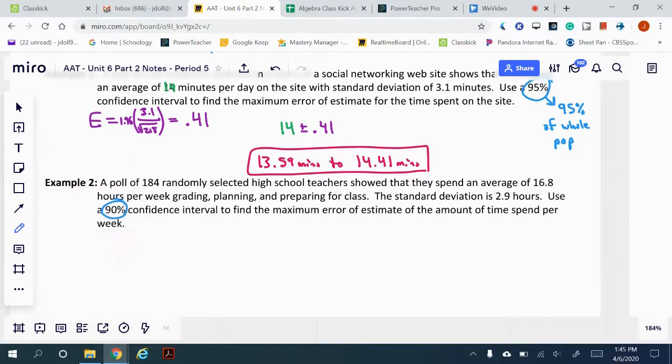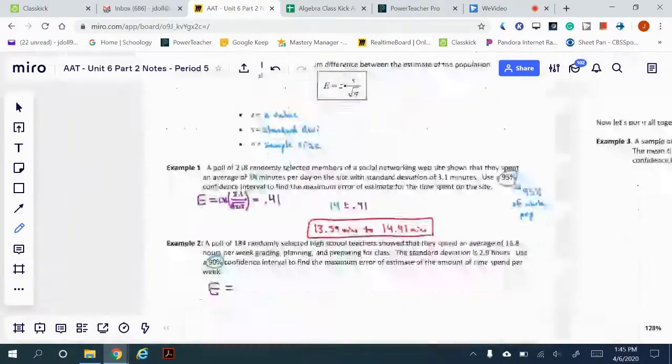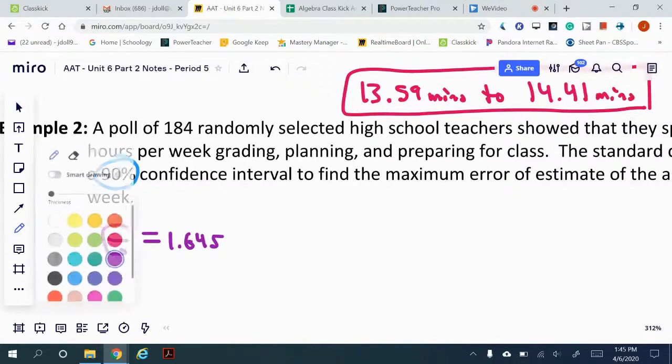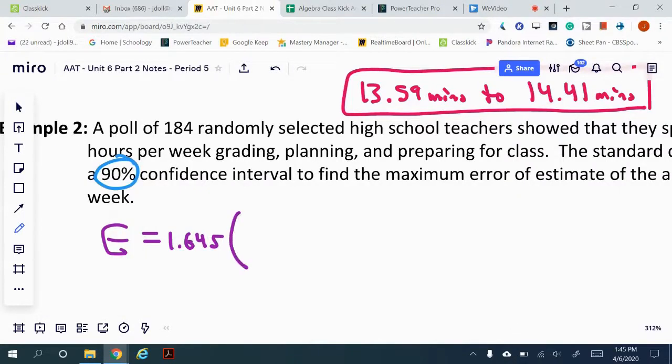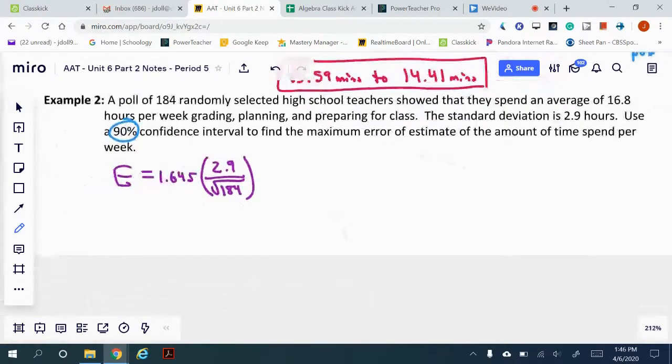And that's going to change the Z value here. So again, let's find our E, let's find our error. A 90% confidence interval, you can see up here, is 1.645. So E is 1.645 times the standard deviation, which was 2.9, over the square root of the total number of people in the sample there.